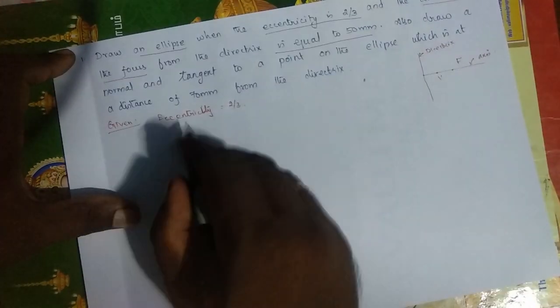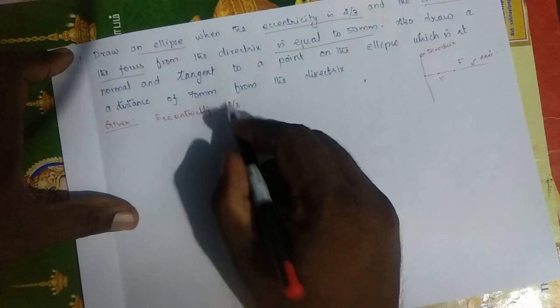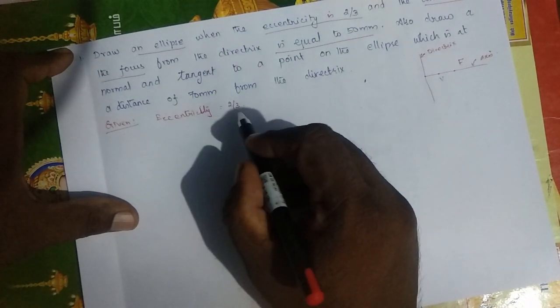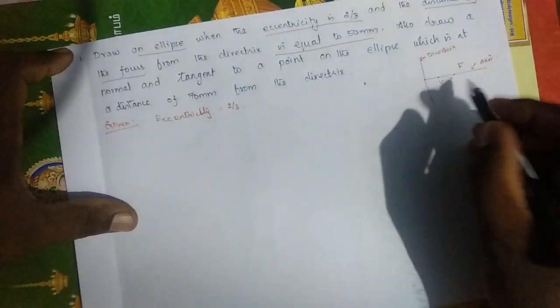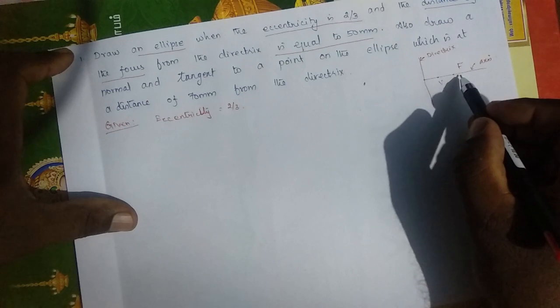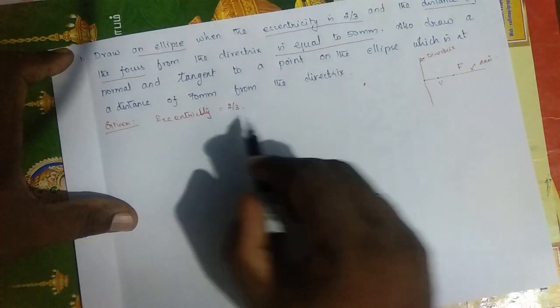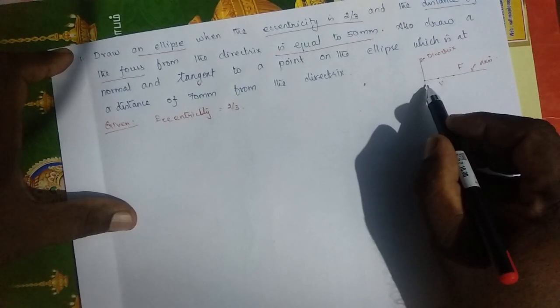Now coming to eccentricity. Here we have two values, the numerator value and the denominator value. The numerator value is F to V, the focus to vertex distance. The denominator value is the vertex to directrix distance.